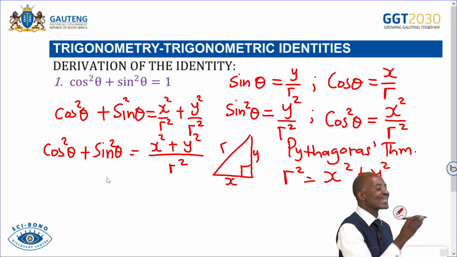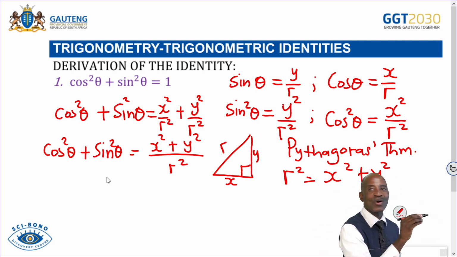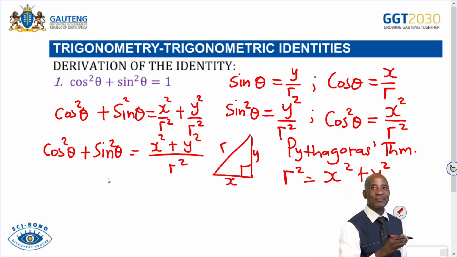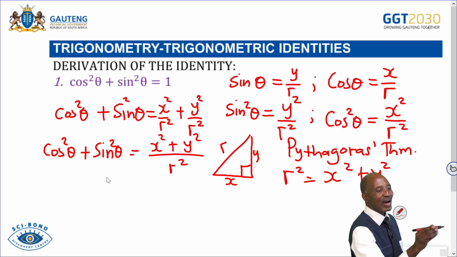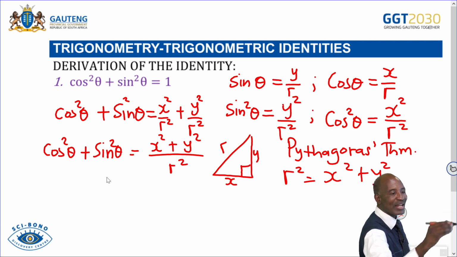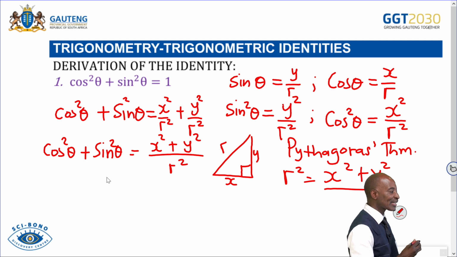So what does this mean? It means r squared is x squared plus y squared, meaning where I see x squared plus y squared, I can replace and put r squared.